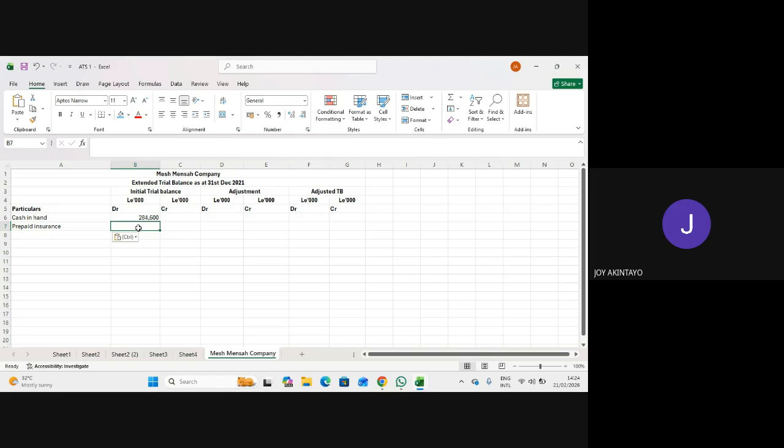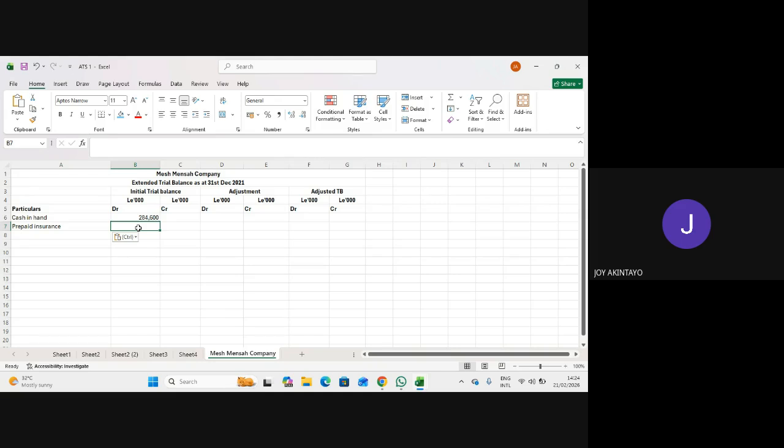It is an asset to us because the benefit will be enjoyed in the next accounting period. Are we together? We only make the payment in advance.